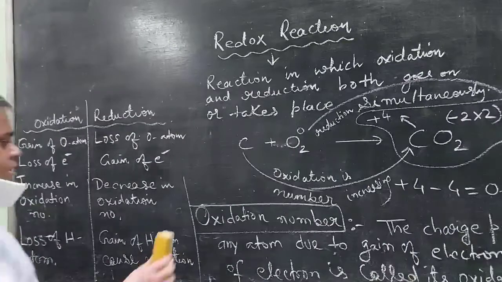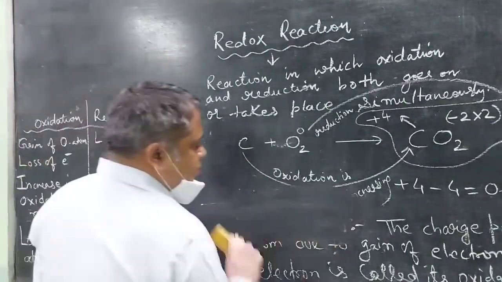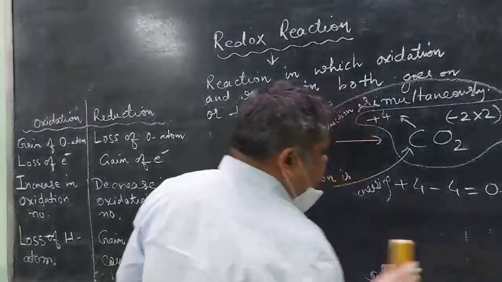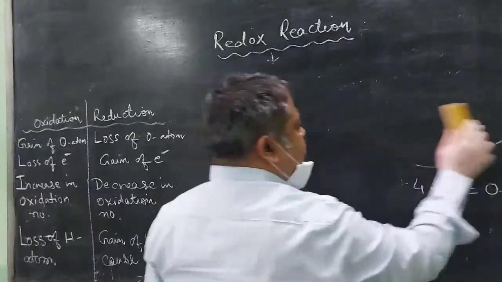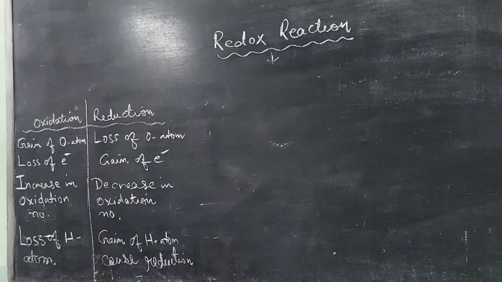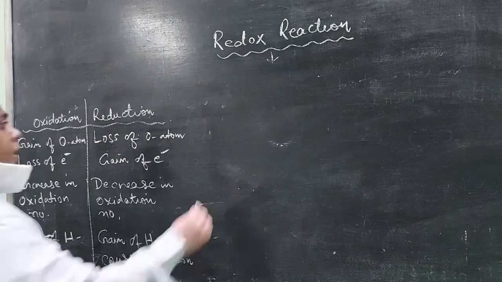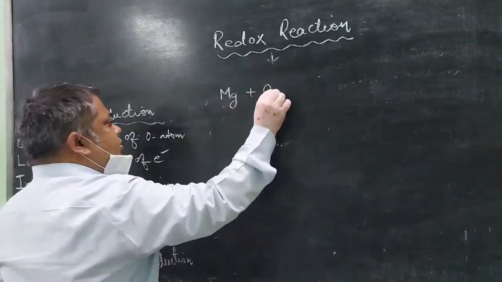So we will see a few reactions and try to find out in the given reaction which element is undergoing oxidation and which element is undergoing reduction. Let us take the example of magnesium burning in the presence of oxygen.